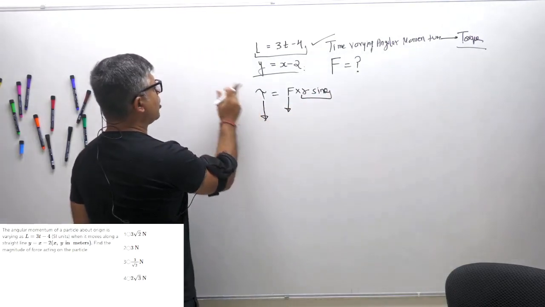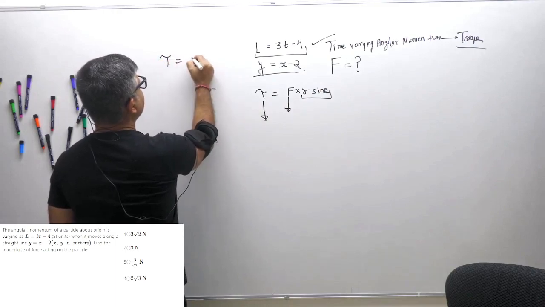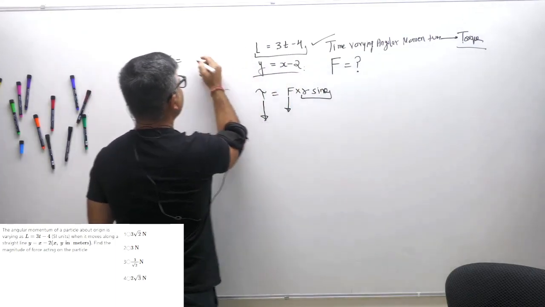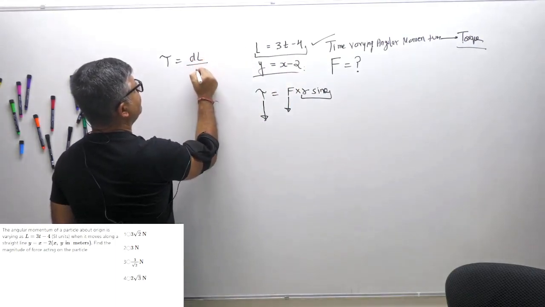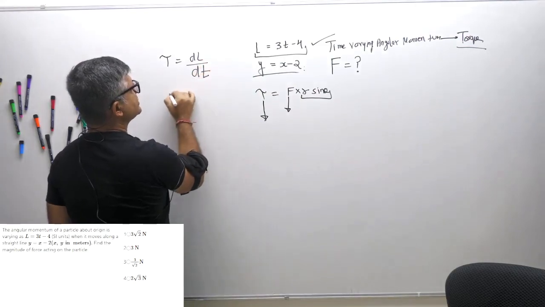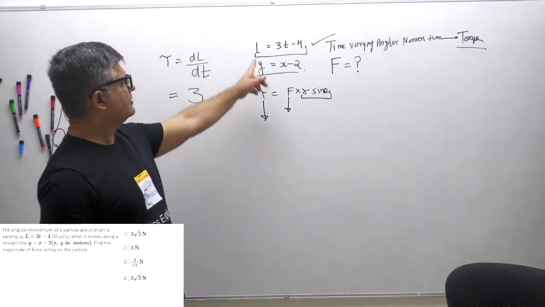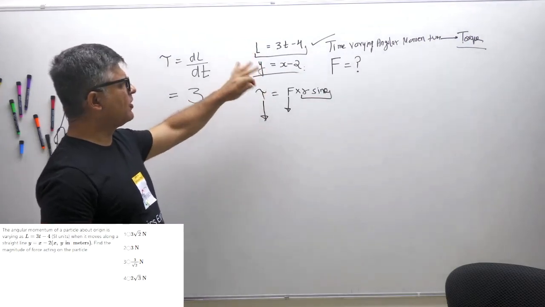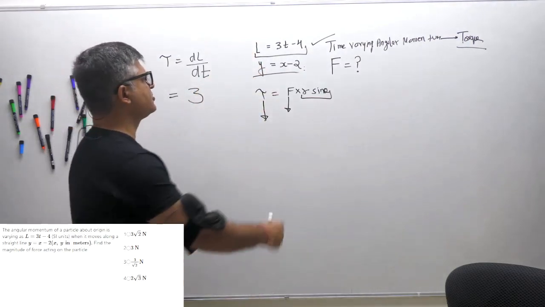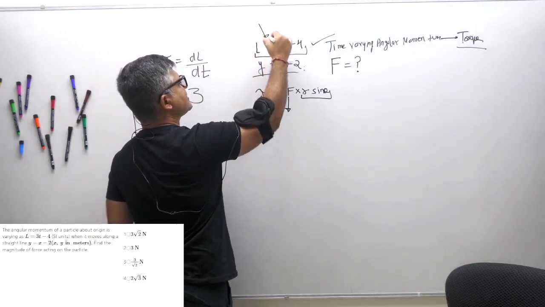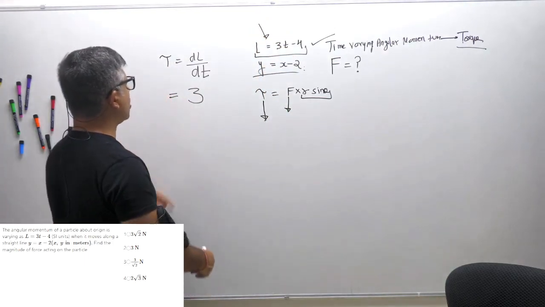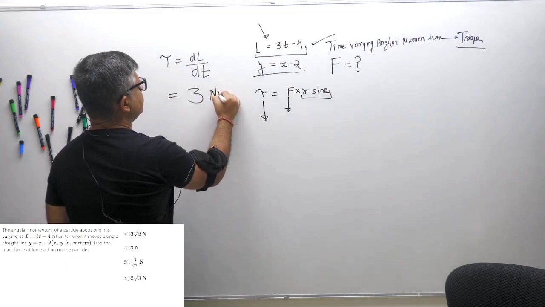How do I find torque? The torque in this scenario will be given by dL by dt, which is equal to 3, because I've taken the derivative of this. So this is a more calculus oriented question. I know the value of the torque, in newton meters.